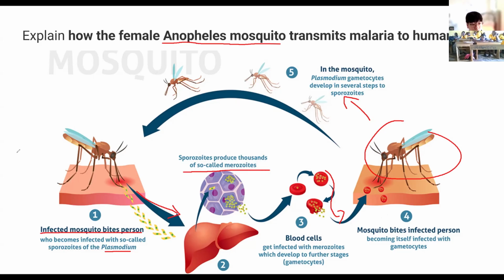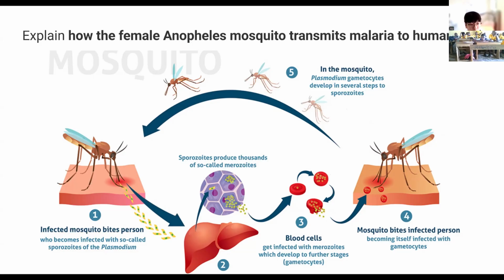So explaining one more time. First, an infected mosquito bites a person. And then the parasite that flows into our body from the mosquito infects our liver. And then it infects our blood cells. And then the mosquito drinks our blood and takes in the parasite into its body.